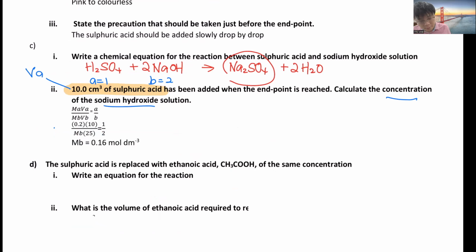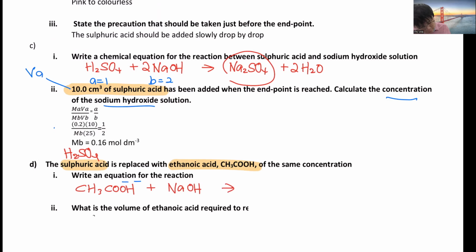Then after that, now they replace the sulfuric acid with ethanoic acid. Sulfuric acid is a diprotic acid. Ethanoic acid is a monoprotic acid. So, okay, write down the chemical equation first. Ethanoic acid plus sodium hydroxide.